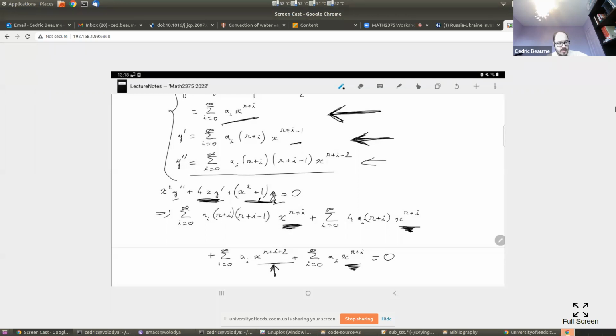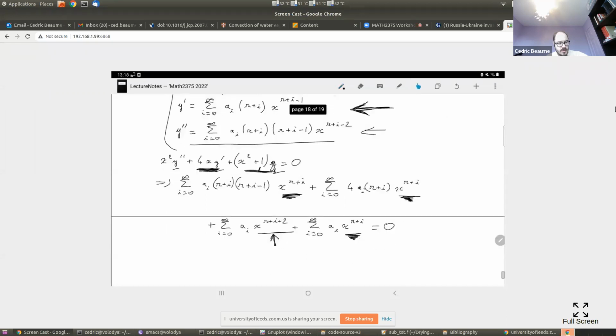So there's a difference. But I can actually change a variable in that specific term where I put the arrow, so that I get x to the r plus i instead of x to the r plus i plus 2. And the way I do this is very simply by resetting the counter on i.